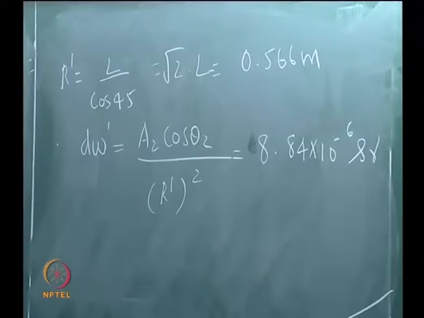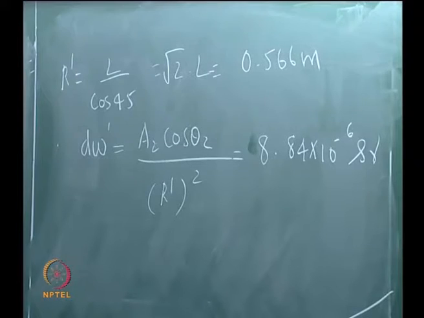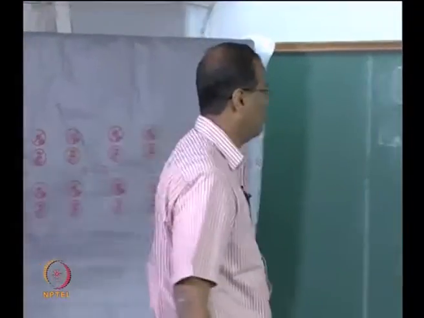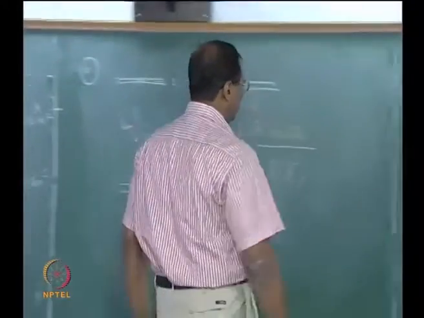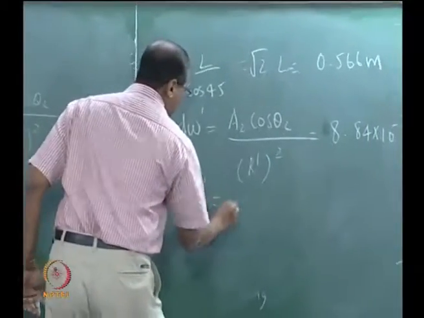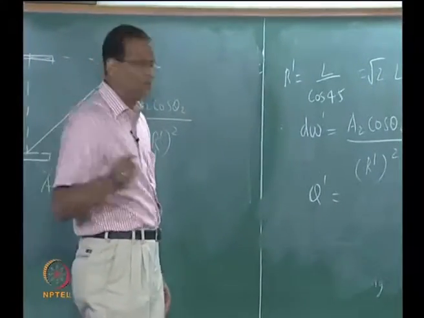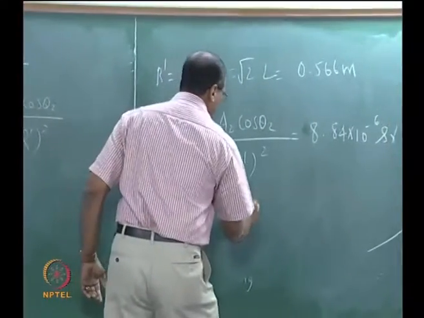Rajesh, are you able to get it? Samarjit? Leo, are you able to get it? Okay. Now, what do we do? Q equal to Q dash. What is given now? 1.46 into 10 to the minus 7.